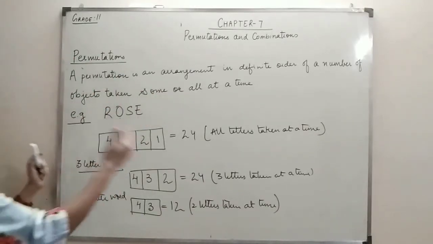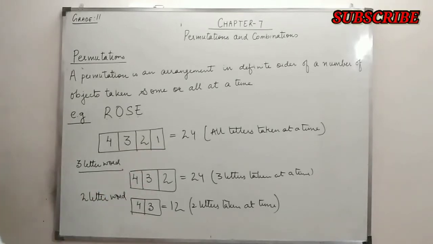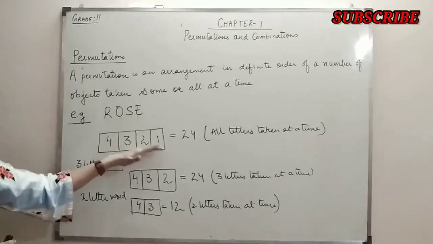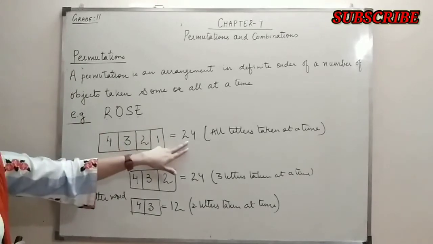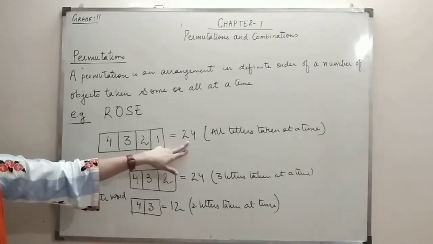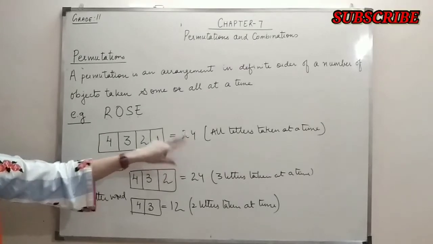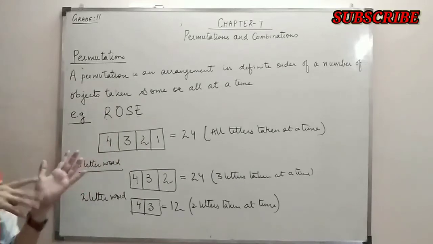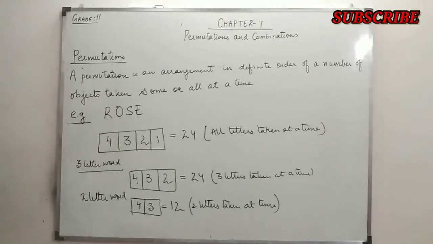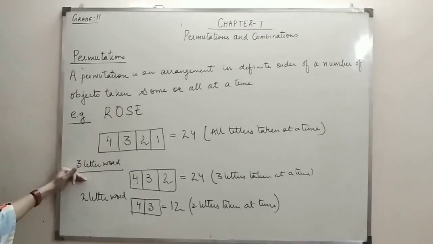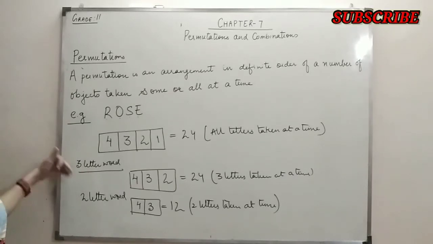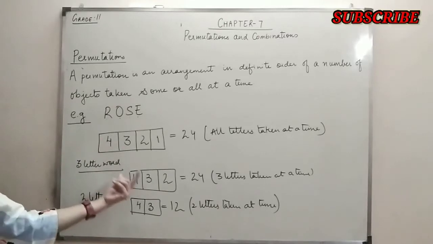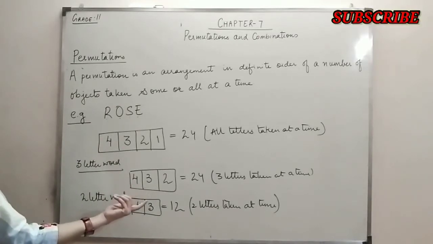If we take all at a time, this is the pure permutation, because we are arranging the 4 letters in different ways. But if we are taking 3 at a time, it means out of 4 letters we are first selecting the 3.